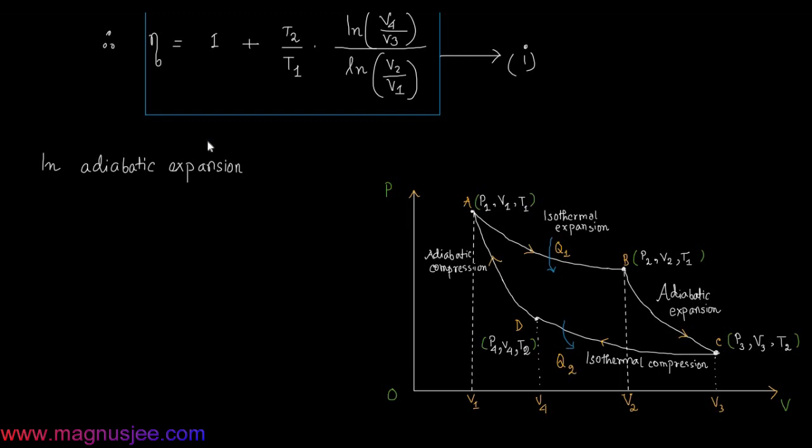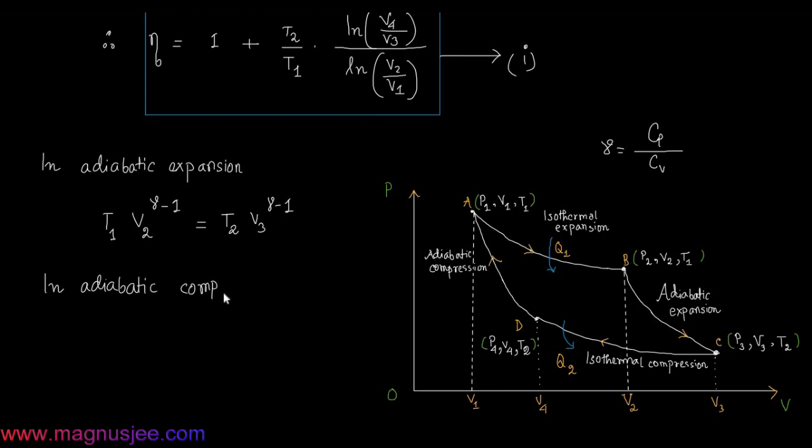In adiabatic expansion, that is from the point B to C, we should have T1 V2 to the power gamma minus 1, and at the point C we can write T2 V3 to the power gamma minus 1, where gamma is the ratio of molar specific heat of the gas at constant pressure and volume.